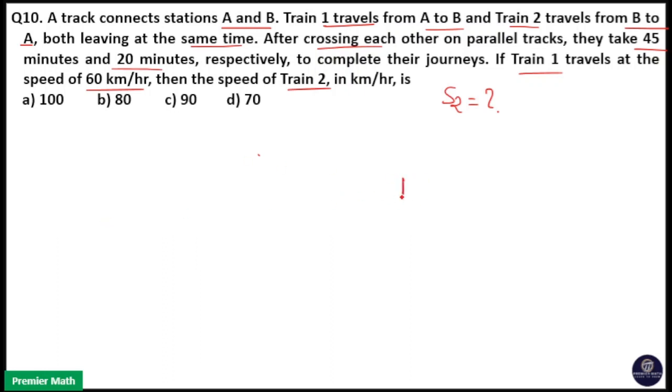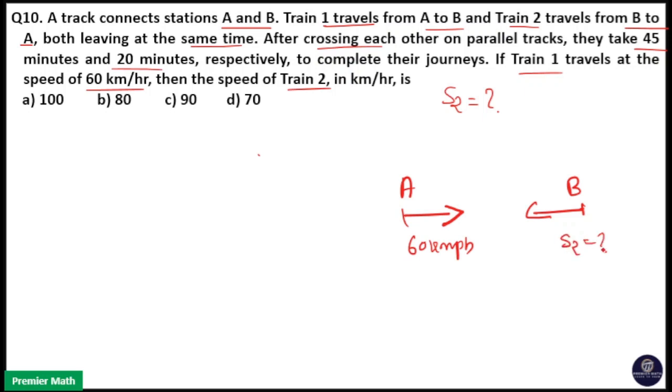Here, this is station A, this is station B. Train 1 from station A travels towards station B and train 2 from station B travels towards station A. Here, the speed of train 1 is equal to 60 km per hour. We need to find the speed of train 2.